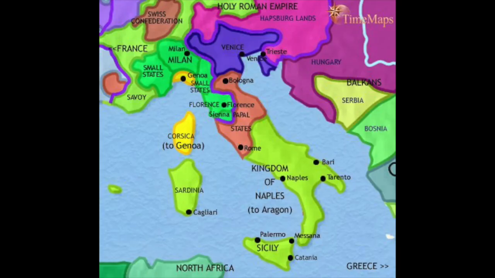Now, going back to those Italian city-states, you can see that Florence, Italy is kind of right in the middle, in the center of all of this, and so it's known as the cradle of the Renaissance.